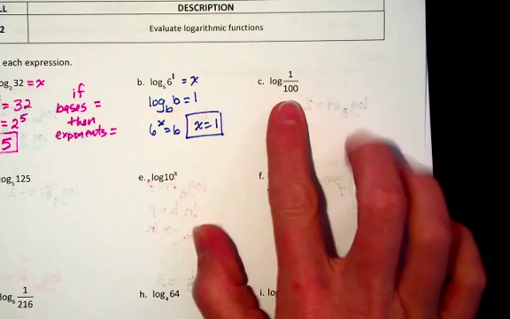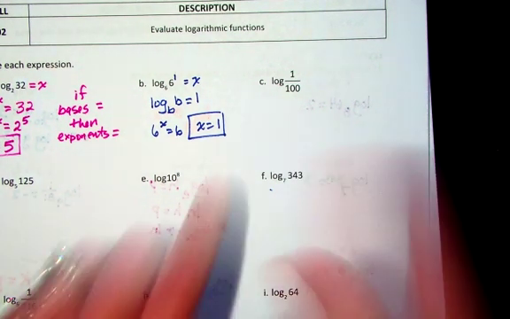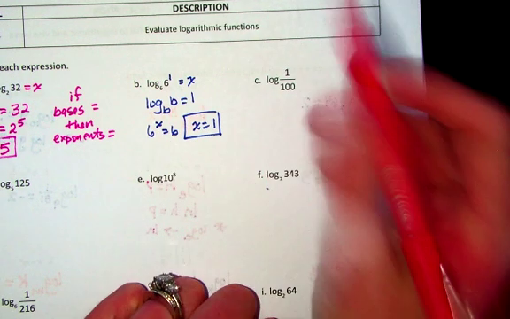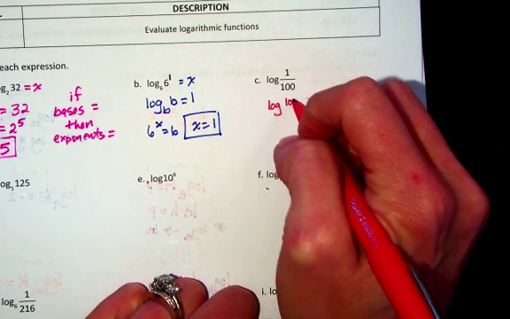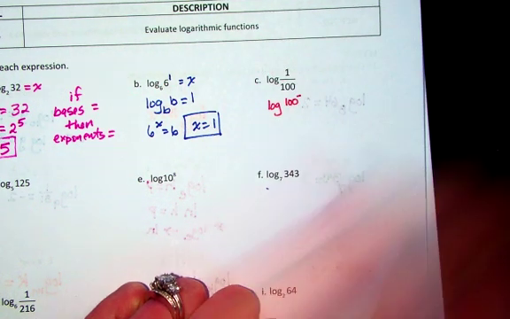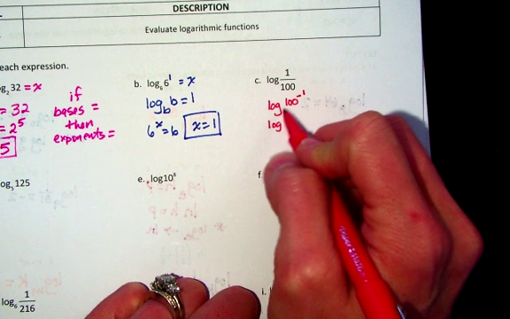Okay, for this one, we can certainly change forms, but before we do that, how could we write this 1 over 100 using negative exponents? This is log of 100 to what power? To the negative, well, you're jumping ahead, but negative 1. But this is a log, and what is the base here that we're not writing?